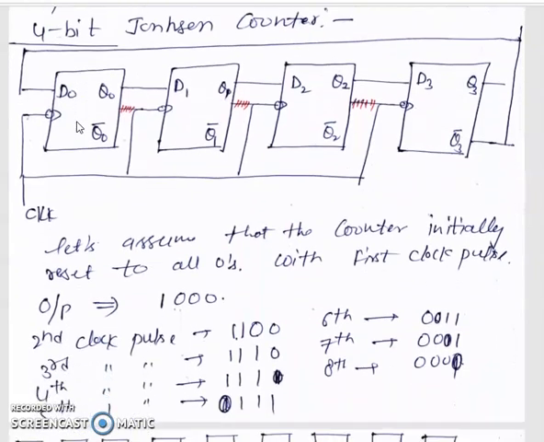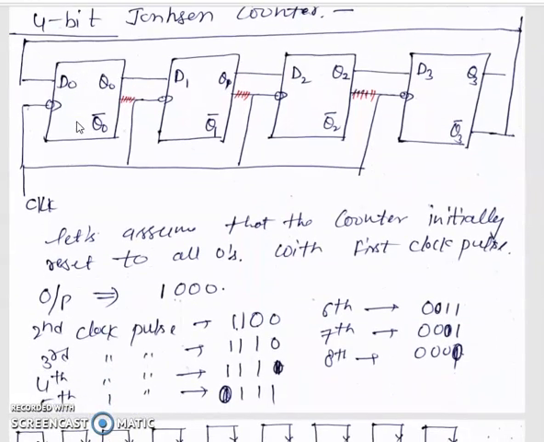Let's start. Let's assume all the flip-flops are initially in these states: D0 output is 1, D1 is 0, D2 is 0 and D3 is also 0. It means the first flip-flop is set and the remaining three flip-flops are reset.